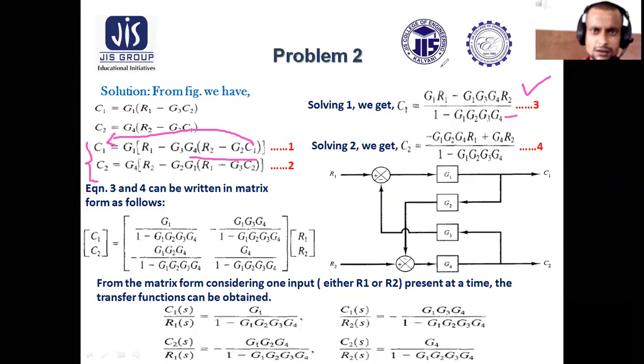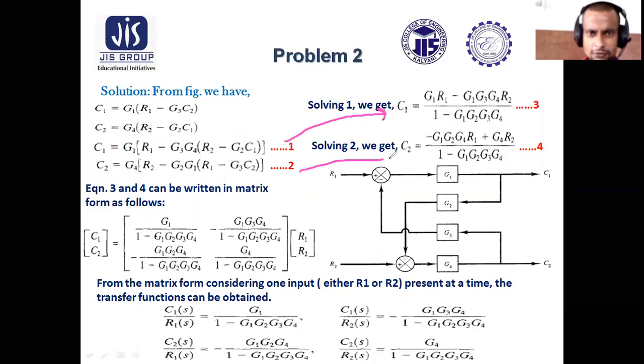So just simplifying this, we will get this one. So C1 and C2 can also be written as this. What we have done here, here is also C1, here is also C1. So we have taken all the C1 together on the left hand side and we have got the equation for C1 and C2 in equations 3 and 4.